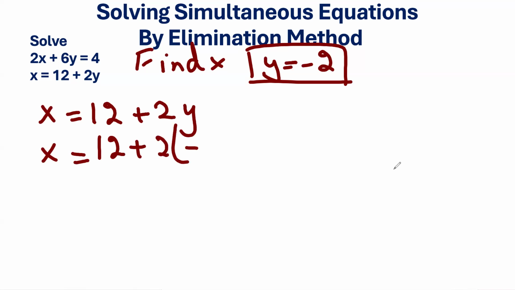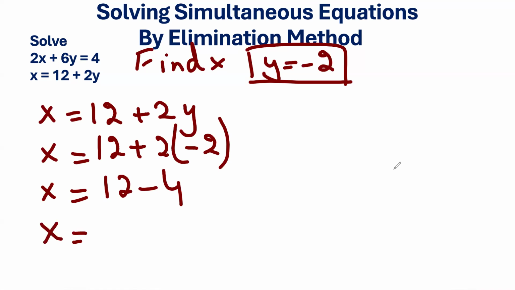It is -2. From here, you can find the value of x. 12 minus 4, right? Plus into minus is minus, 2 fours are 8. 12 minus 4 will give you 8, right? Positive 8. So x is 8 and y is -2. So this is the answer.